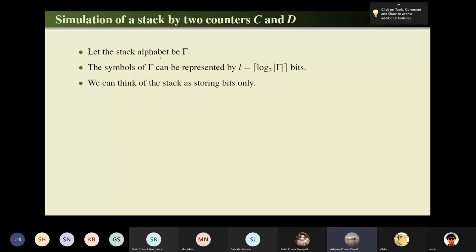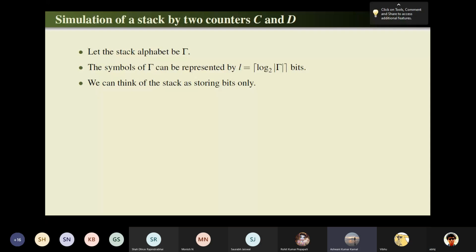Therefore, instead of pushing and popping symbols, I can view this as a stack capable of storing just bits. If I want to push a symbol of gamma, this is equivalent to pushing L bits. Likewise, to see what is on top of the stack, I have to extract L bits from the top.